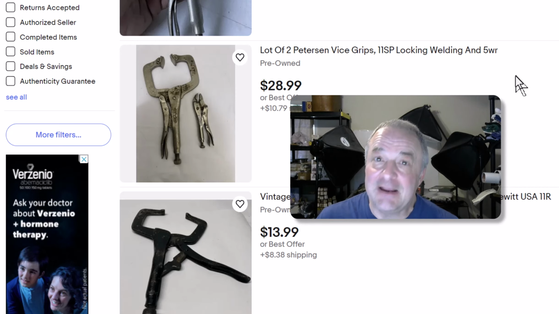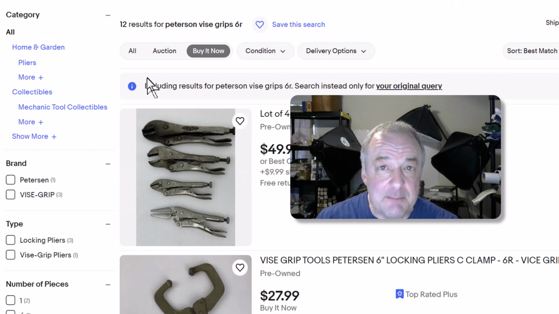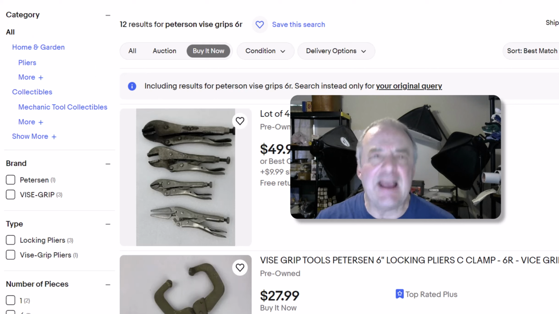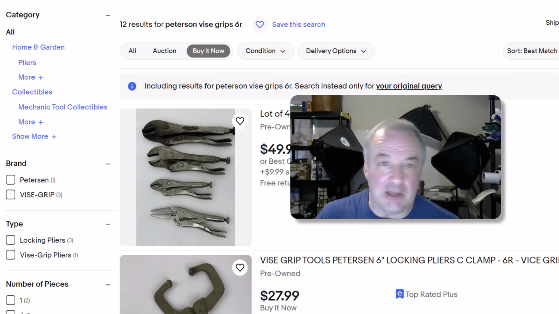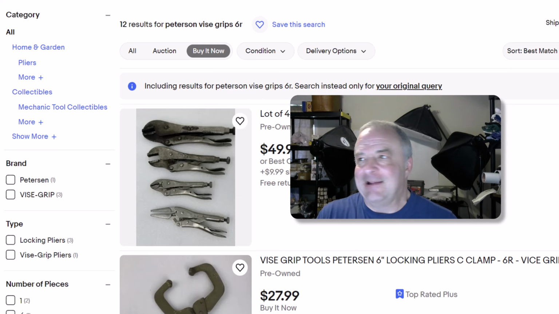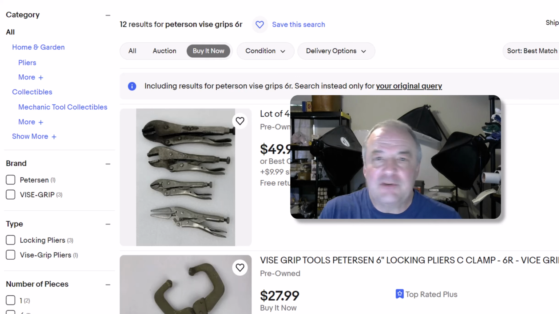So it does behoove you, whenever you don't find very many that have sold, it's good to look at the unsolds just to see how many there are. That'll tell you a lot about the comps and how to adjust your price. If there are none that have sold and you've got some item that you got from your grandmother's house and there are 100 for sale and the lowest price is $50, maybe you want to list it for $25.